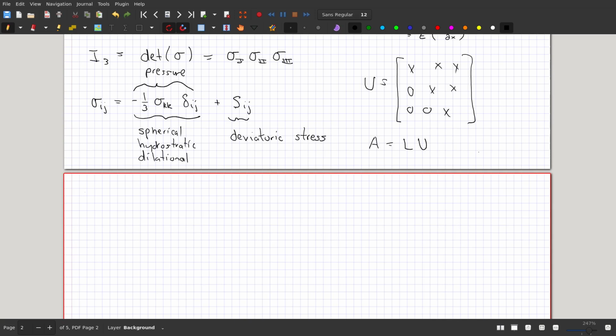Remember we talked about plasticity a little bit before, inelastic or non-recoverable behavior. Think about a paper clip: if you bend it too far, it doesn't go back. You've plastically deformed it. That is a result of slip planes in the atomic structure, planes slipping over one another and piling up. It's all due to shear motion, not hydrostatic compression.